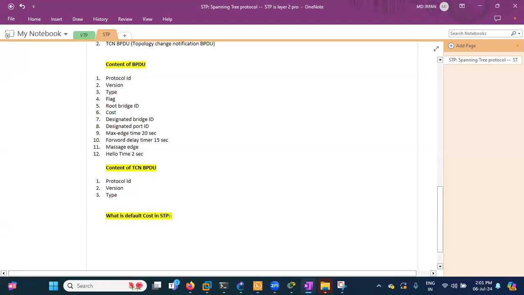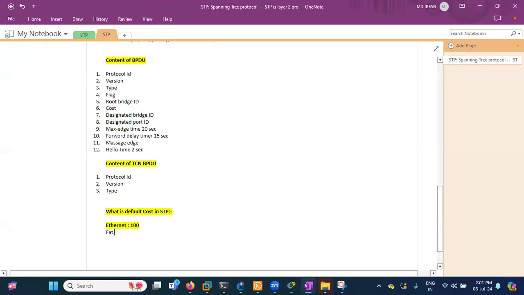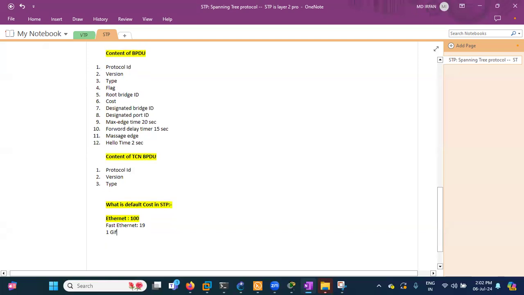Default cost is like this. If between the switches we have Ethernet connectivity, the cost will be 100. Then if we have Fast Ethernet, meaning 100 Mbps, the cost is 19. Then 1 Gbps has a cost of 4.